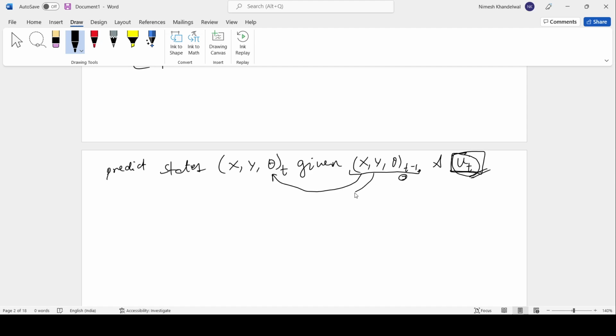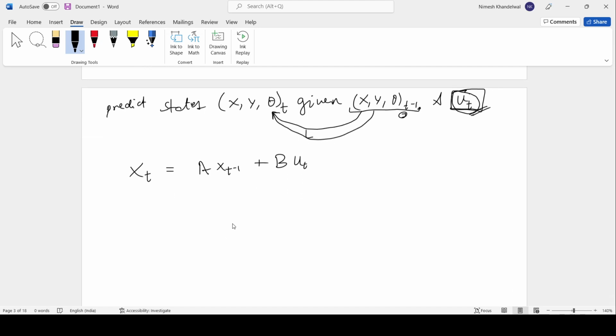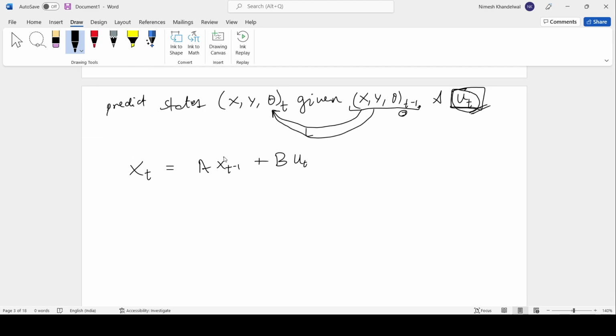Even if your robot model is really accurate, let us take the linear case: x_t equals A x_{t-1} plus B u_t.